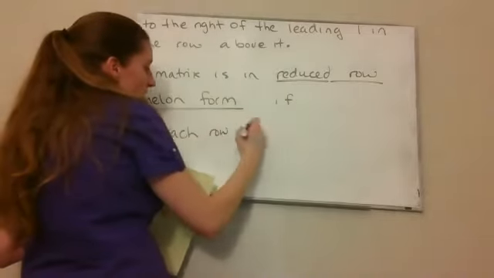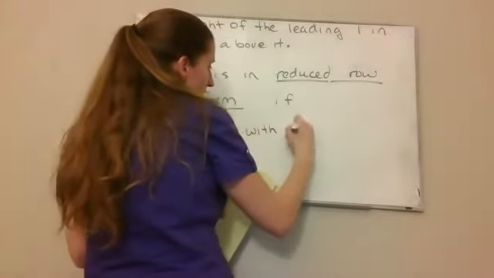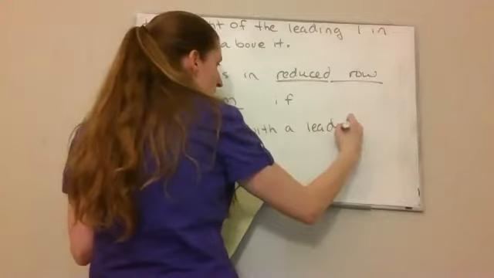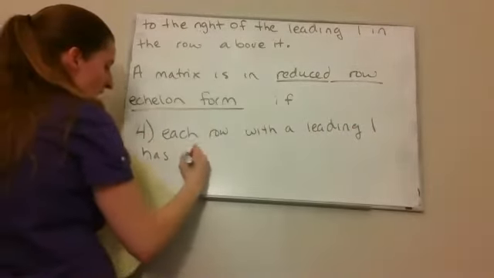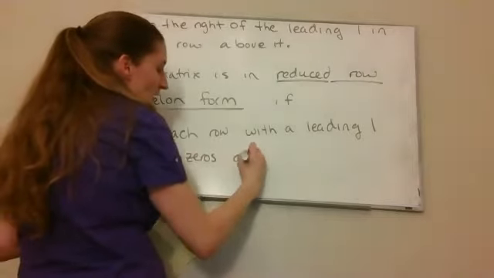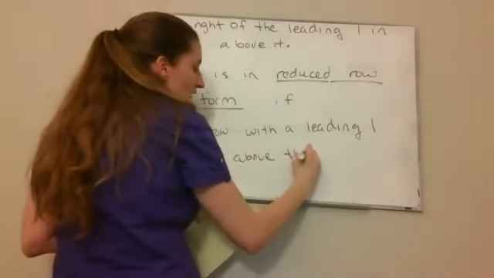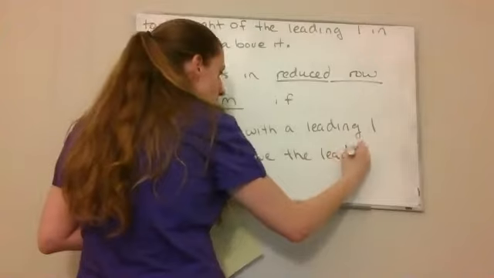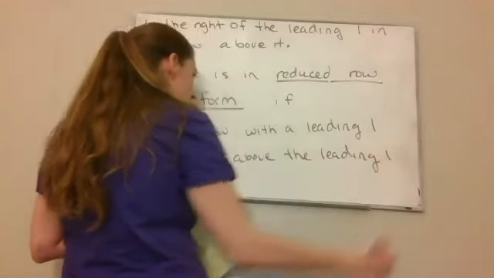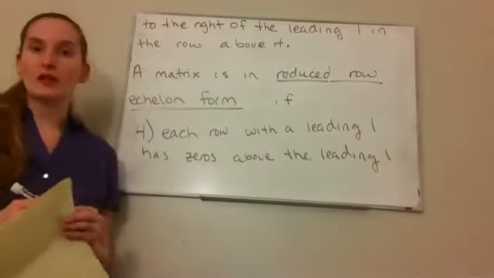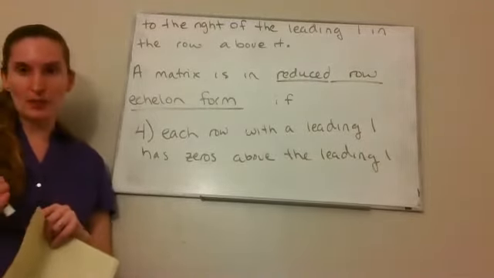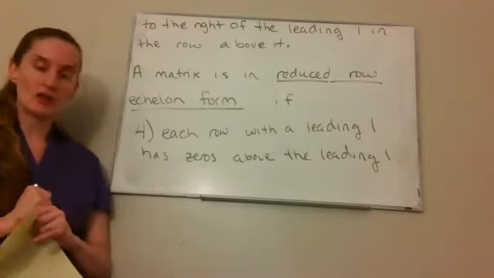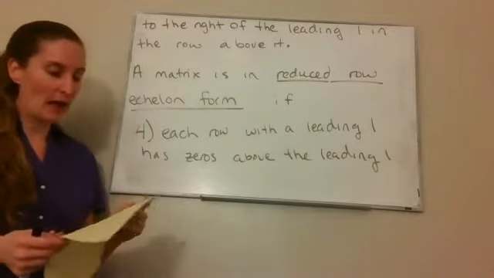Each row with a leading 1 has zeros above the leading 1. So you're in reduced row echelon form if all 4 of the properties apply, and you're just in row echelon form if the first 3 apply.